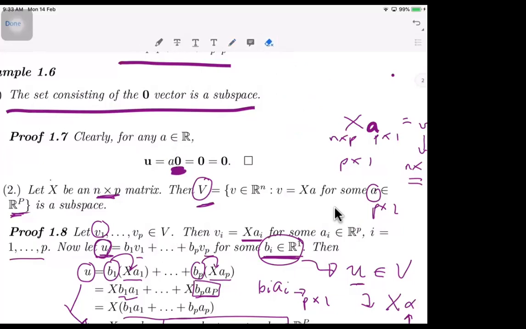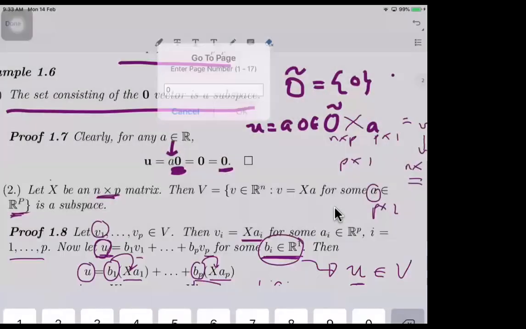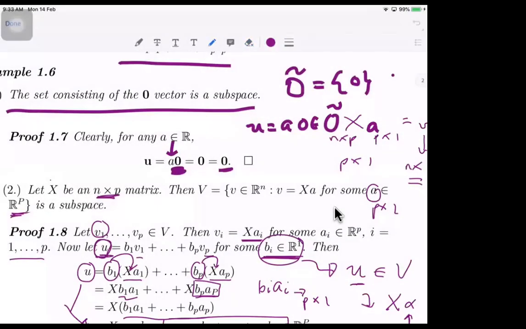Next, any set of vectors that is of the form V equal to Xa is a subspace.